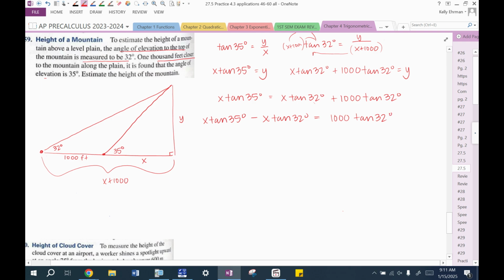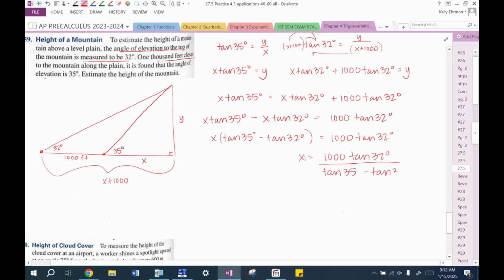All right, and then factor your x out. So x times tangent of 35 minus tangent of 32 is equal to 1,000 tangent of 32. And then divide. So I'm hoping you're seeing that these steps are the exact same for these two problems.